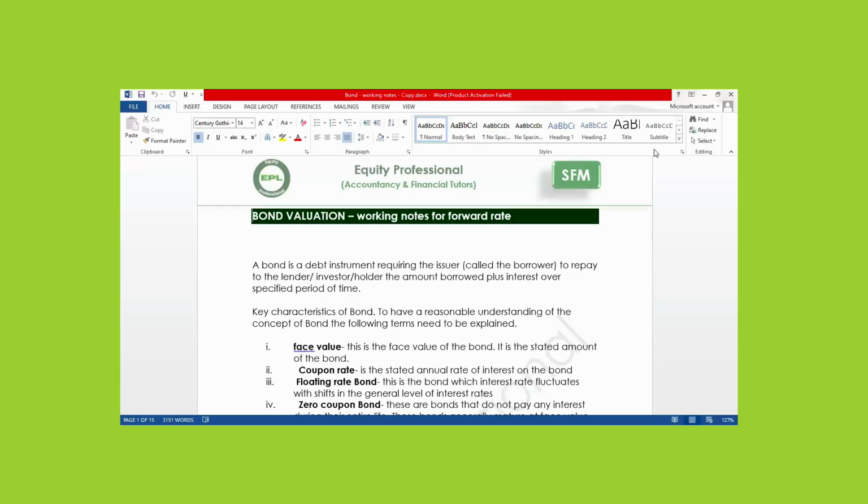You can define bond as a debt instrument that requires the issuer, the issuer is the borrower, to repay the amounts borrowed plus the interest elements to the lender over an agreed specified period.